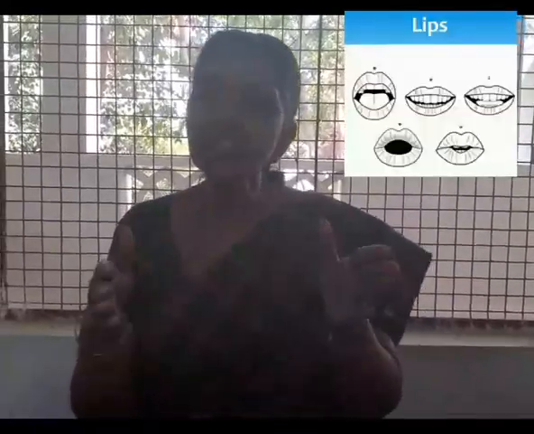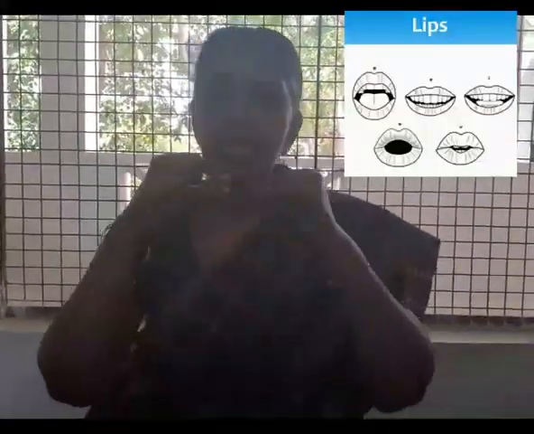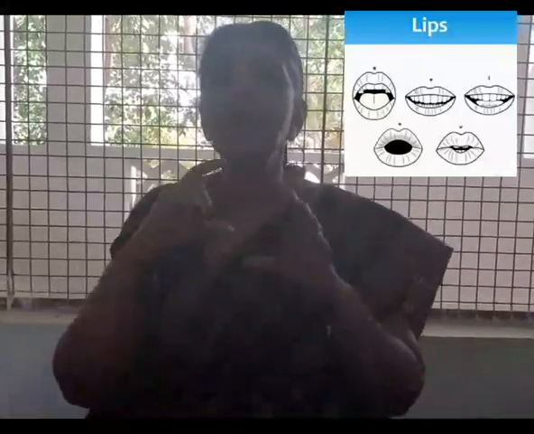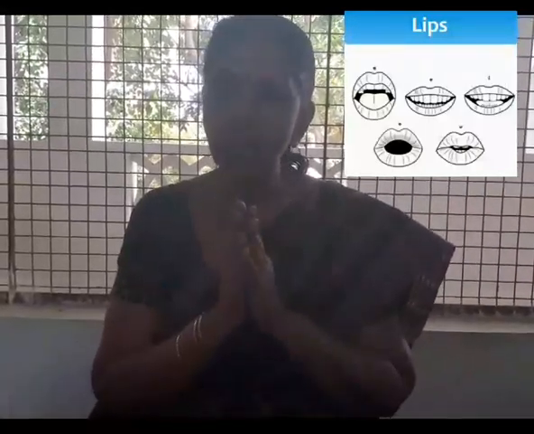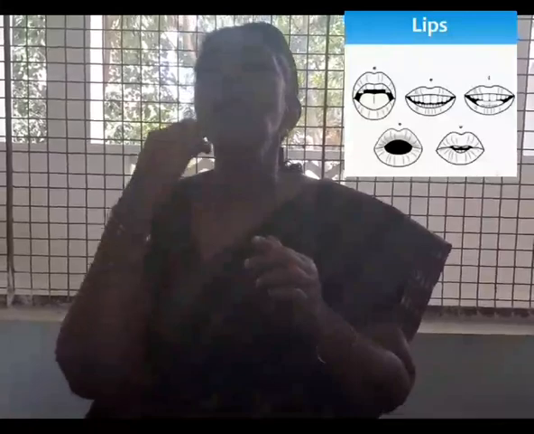And the 24 consonants are divided into plosives, fricatives, affricates, like that. When you produce these vowel and consonant sounds, the lips take 3 positions: the spread position, the neutral position, and the round position.